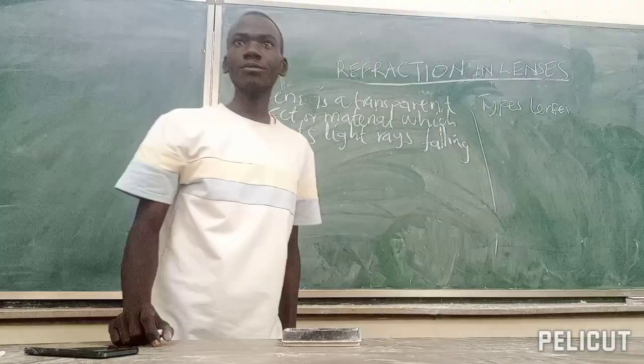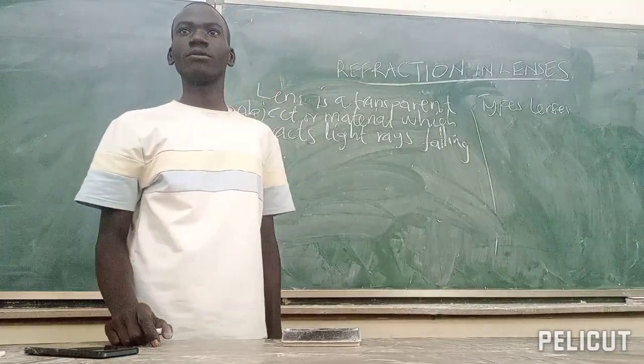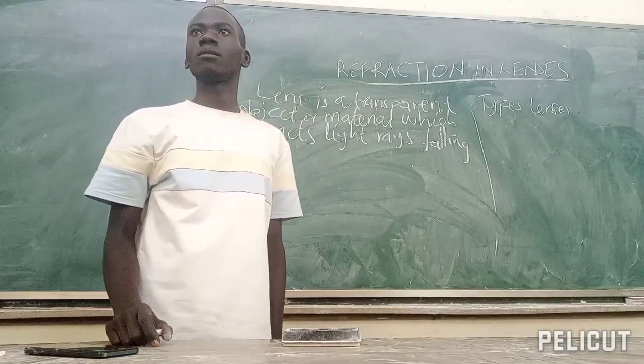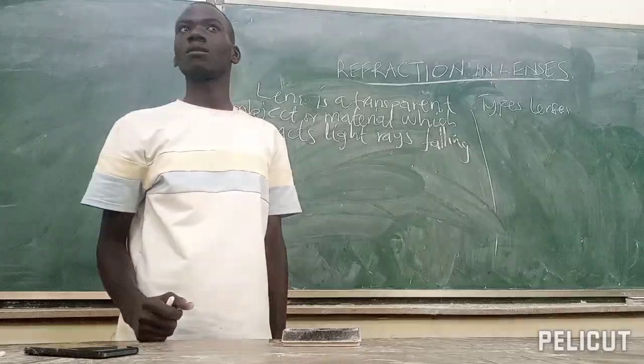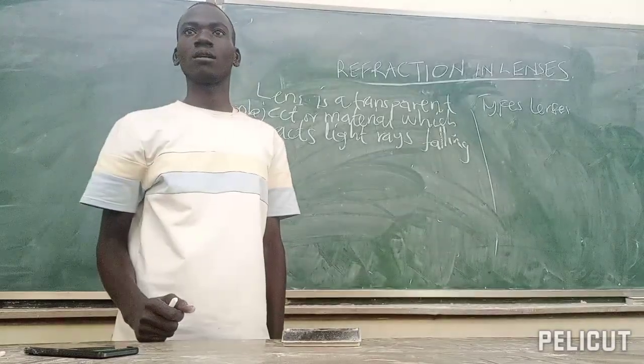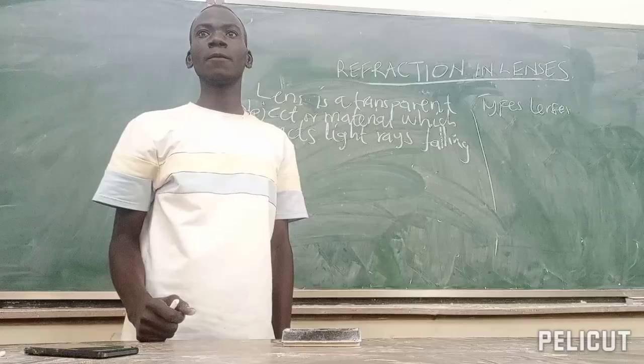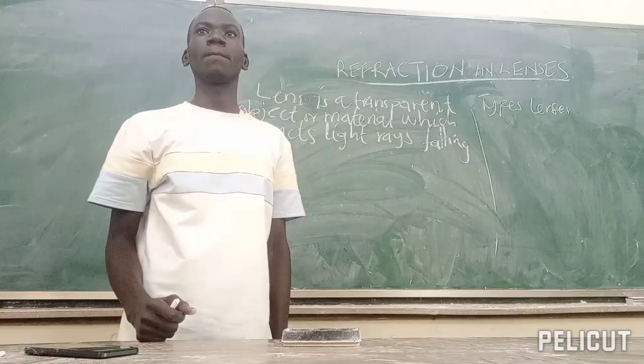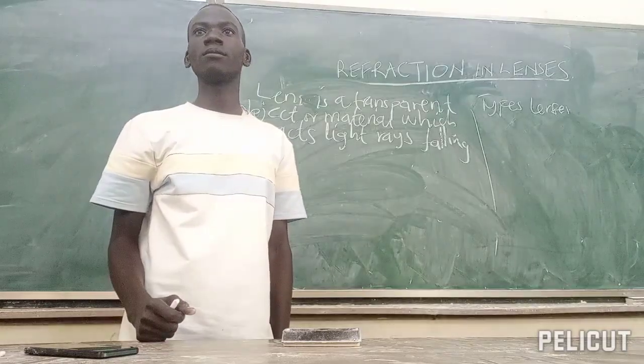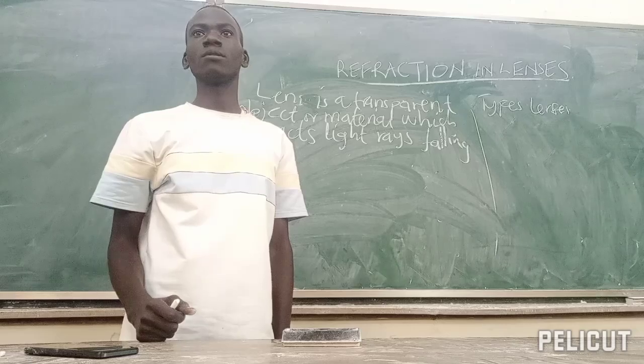Yes. Sir, what if I get my mirror, which is somehow big, and it is not painted on both sides? In other words, it can allow light to pass through it. Is it then a lens?